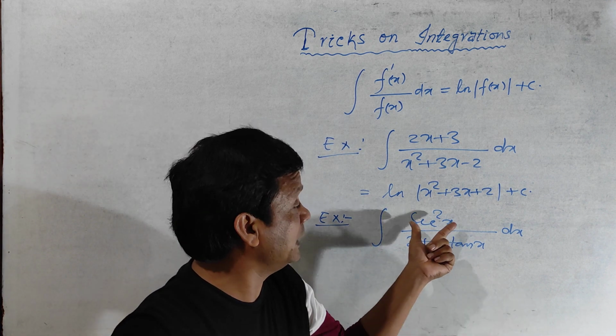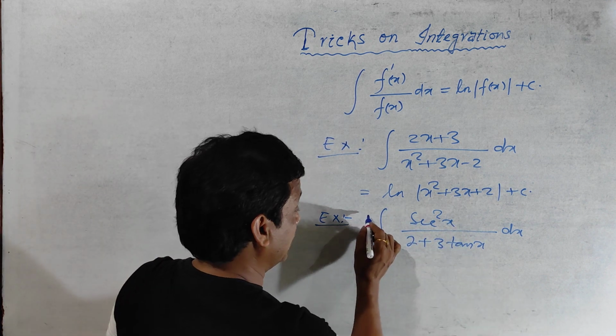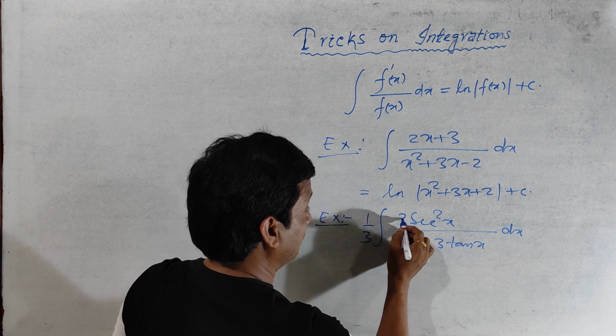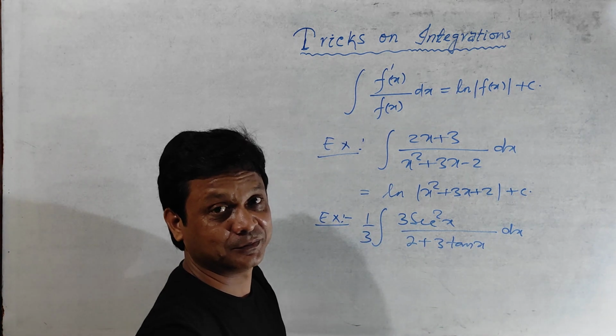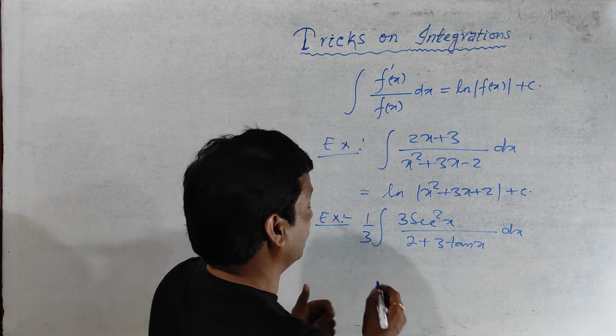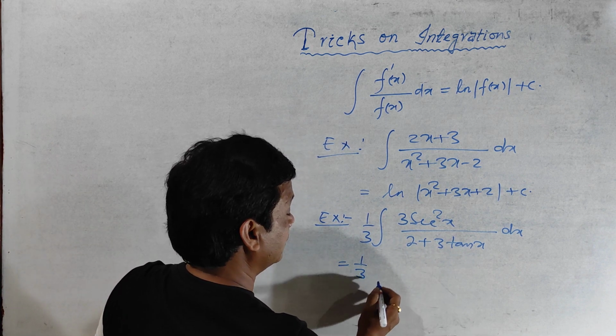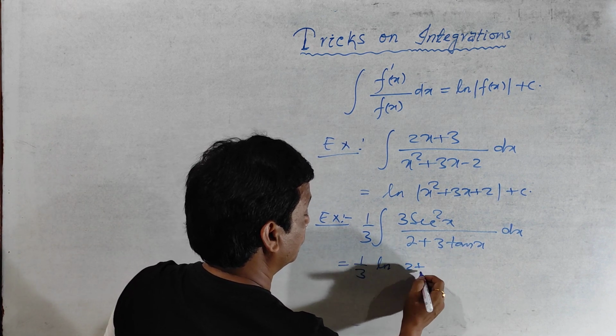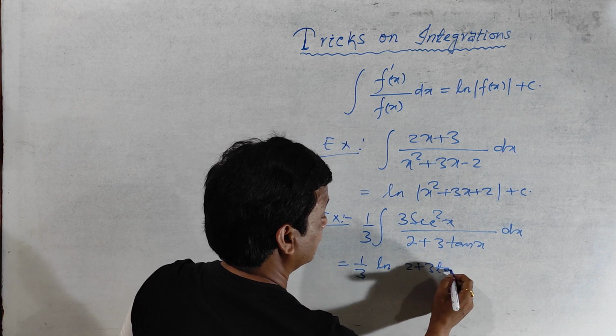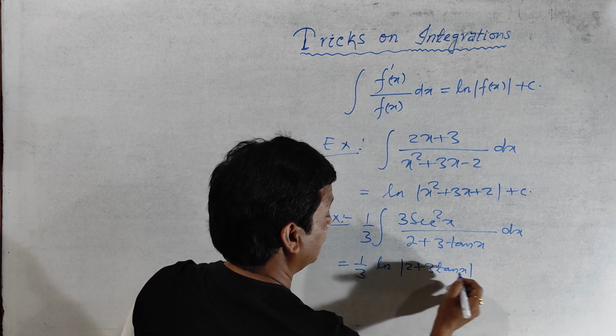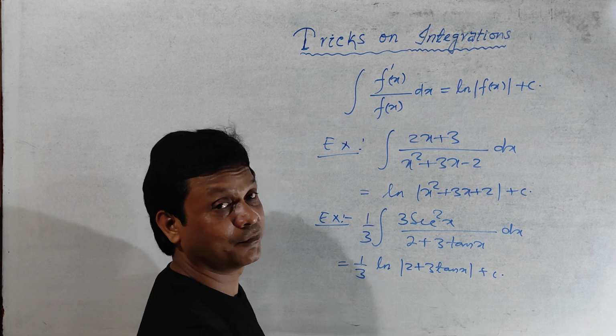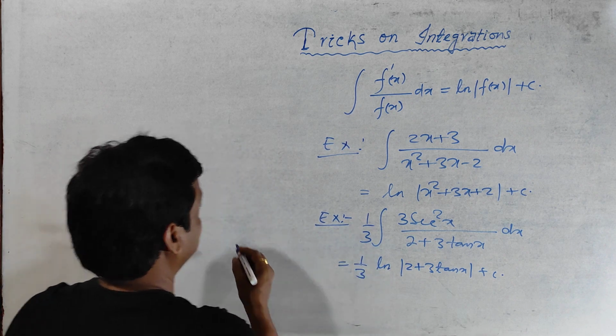But in the numerator only sec square x is there. So divide by 3 here and multiply by 3 here. Now the numerator is the derivative of the denominator. So 1 by 3 ln of 2 plus 3 tan x. You should put a mod here, then plus c. Clear? Another question.